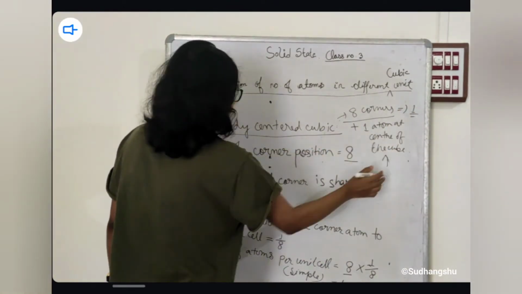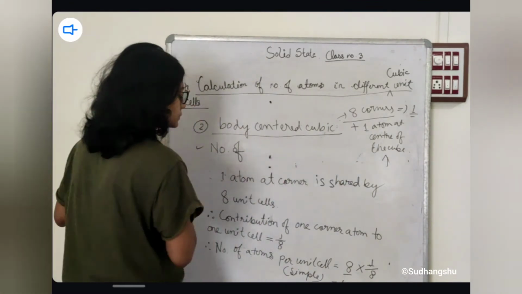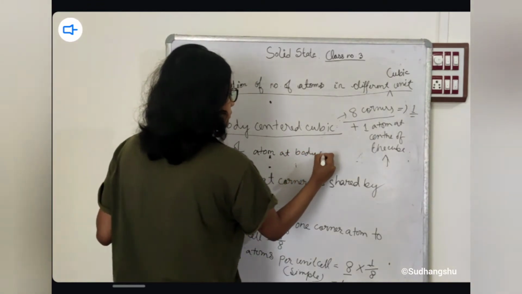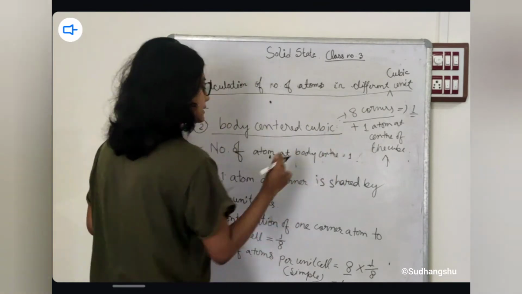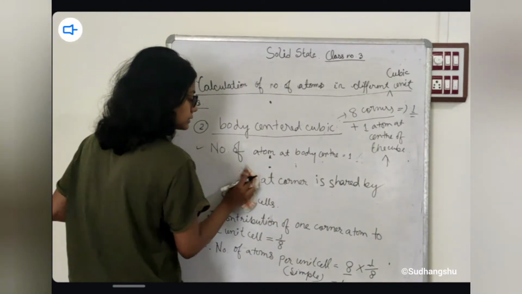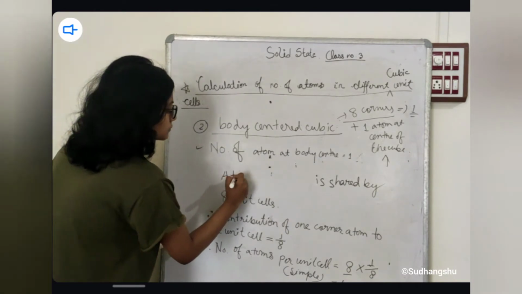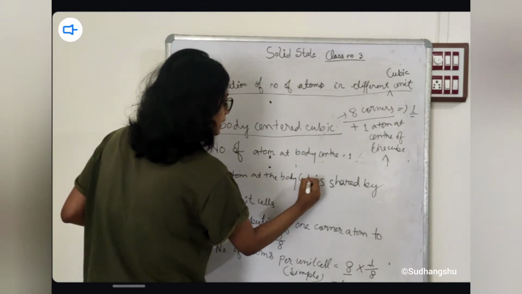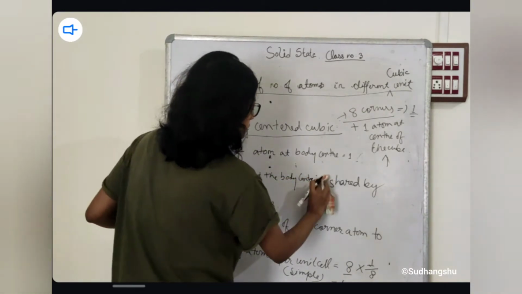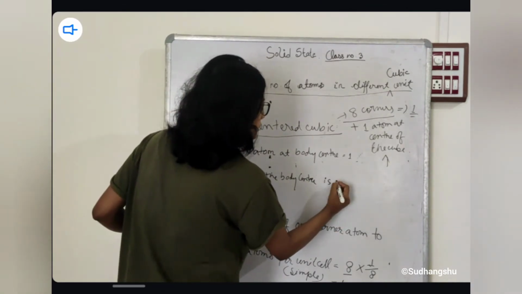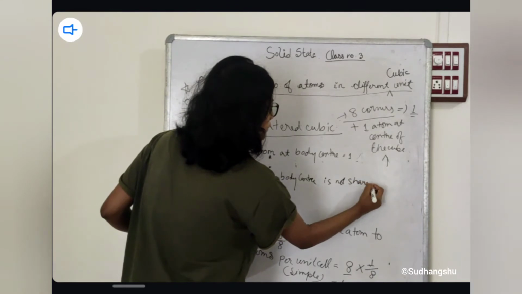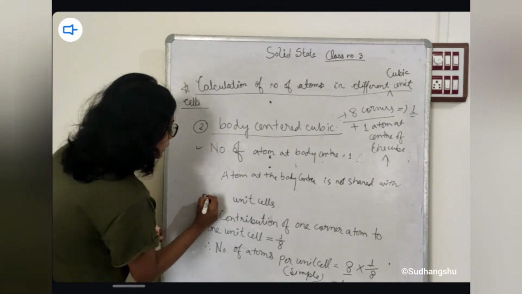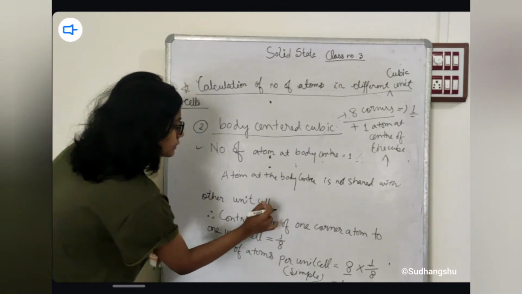And for body center, the center is 1 atom. The body center atom is not shared with other unit cells.